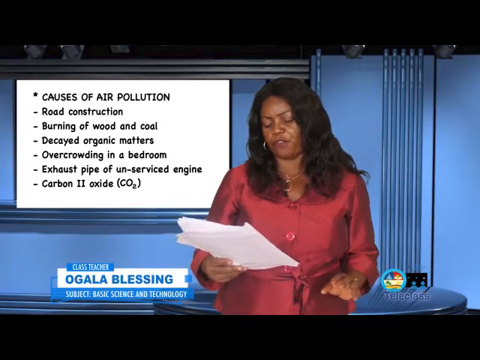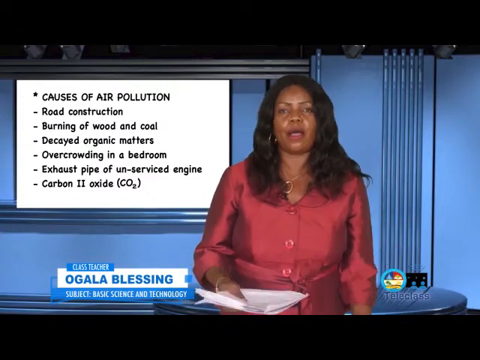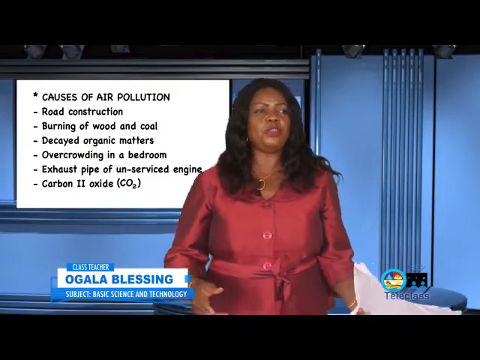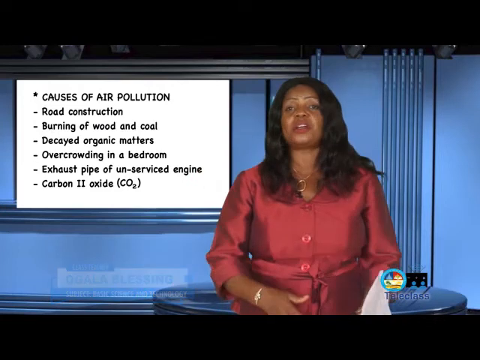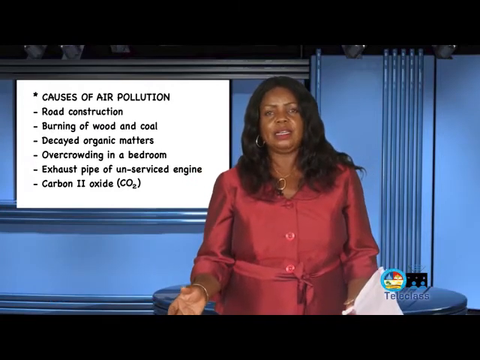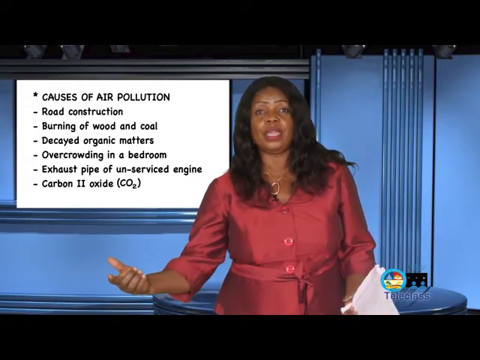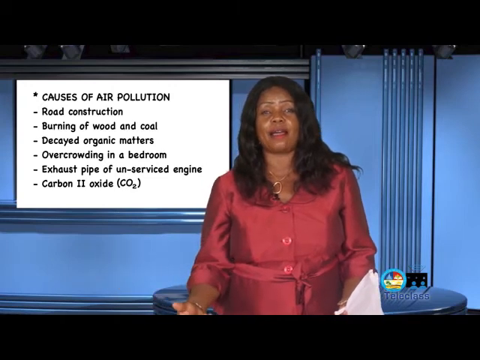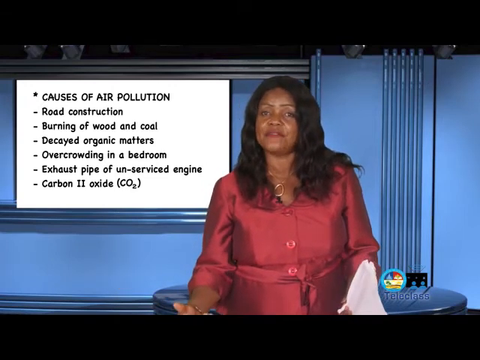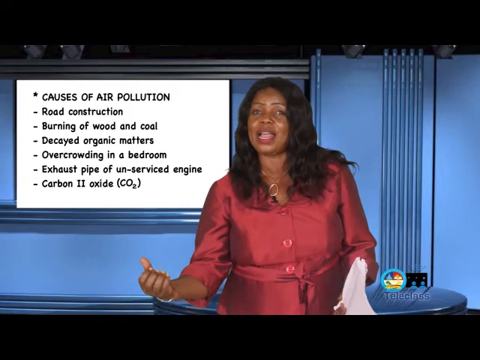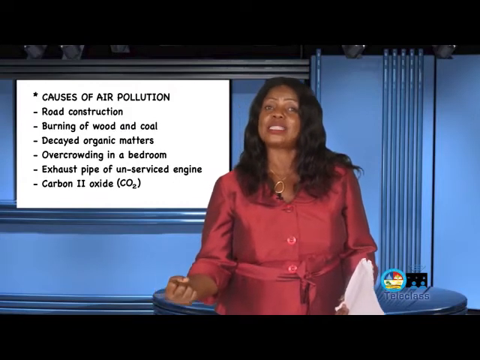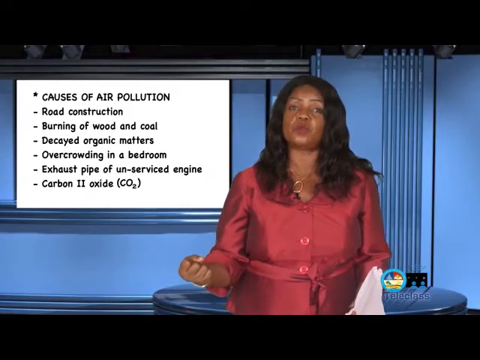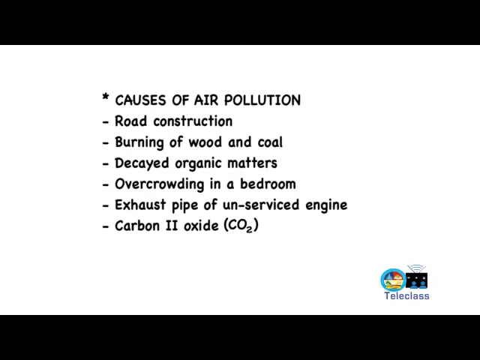And number 5 cause is the exhaust pipe of an unserviced engine. For example, you see some of our vehicles that are not serviced. You see smoke coming out from the exhaust of a car because the car is not serviced. And that exhaust coming out from the car is known as carbon dioxide, which is air pollution to the environment.